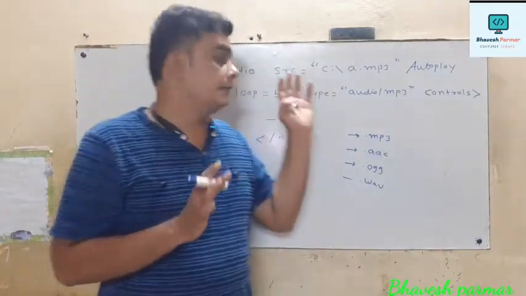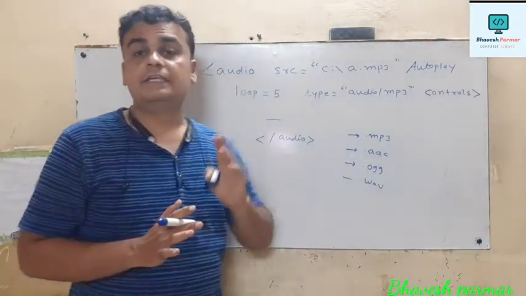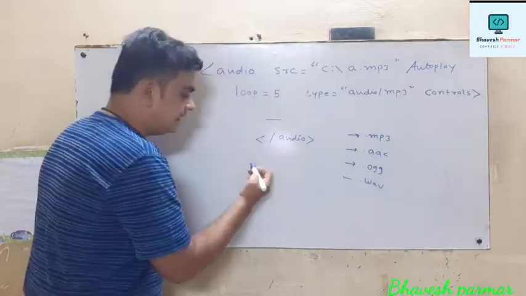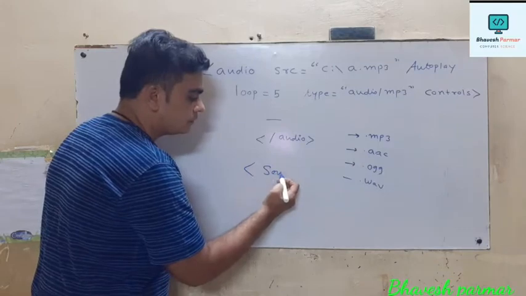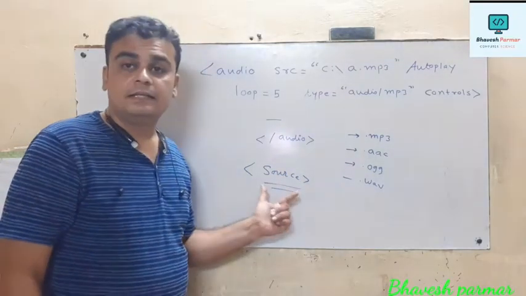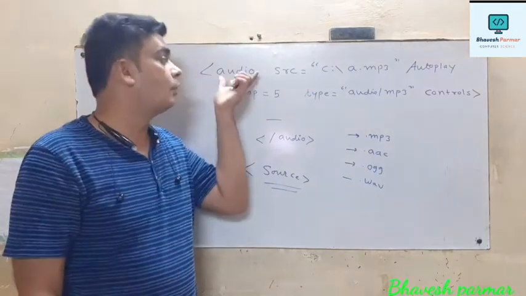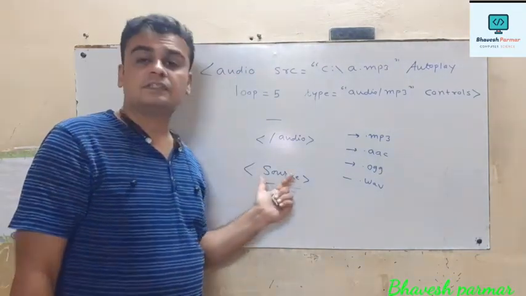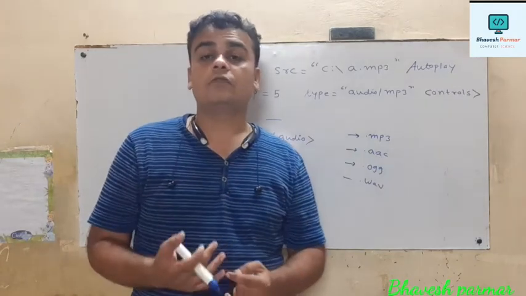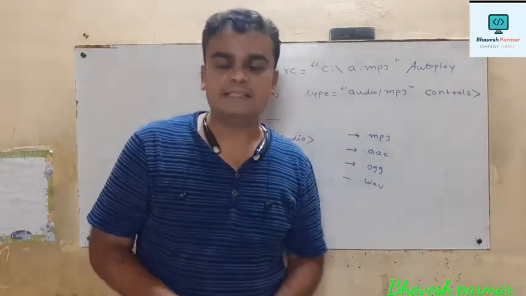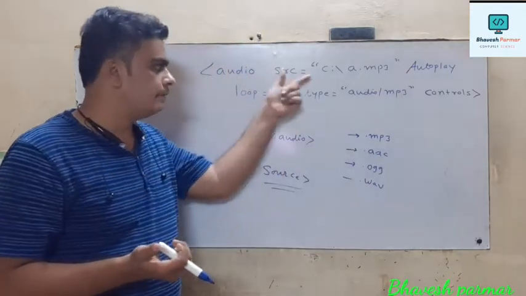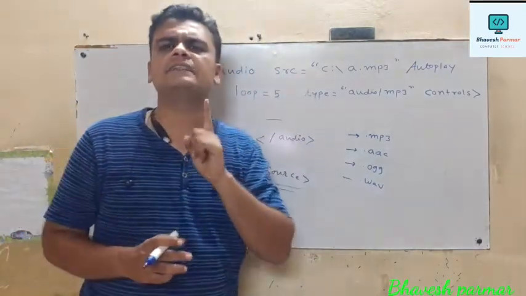In this audio tag, there is also one supporting tag used, and the name of that tag is source. It is a very important and powerful tag. It is called the supporting tag for audio. Why, guys? Because this source tag helps the user add multiple files in the program. In this example, I am adding only a single file.